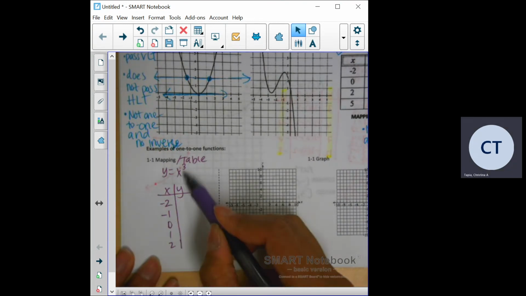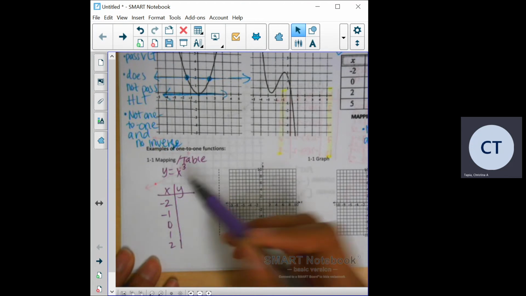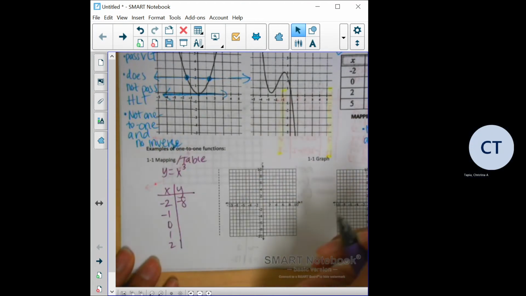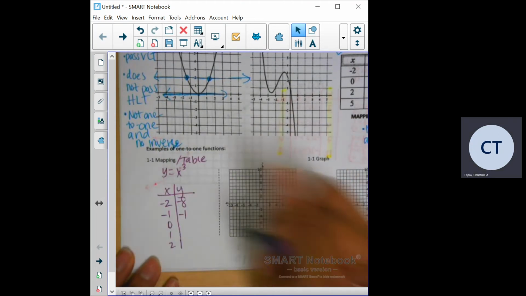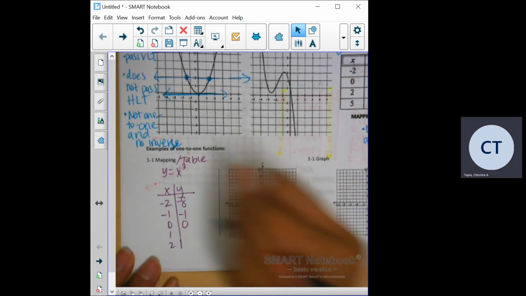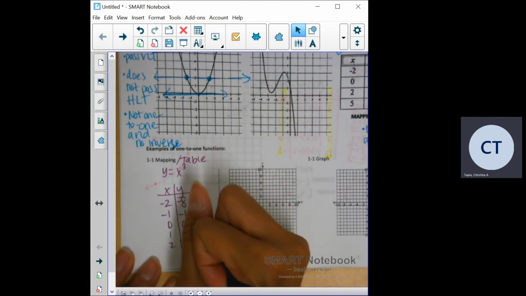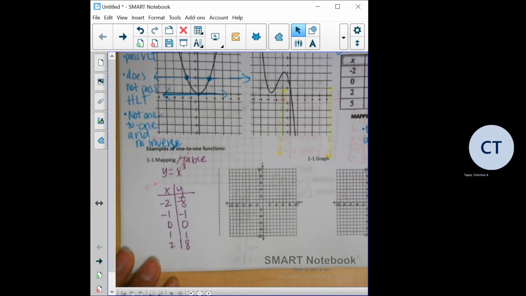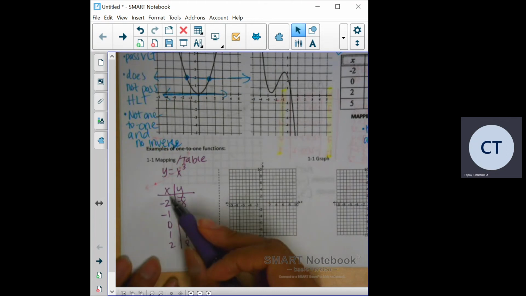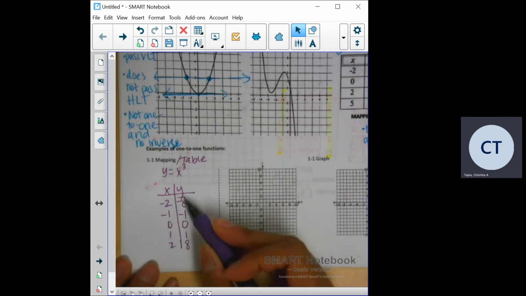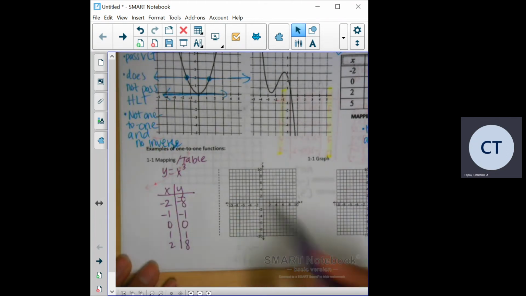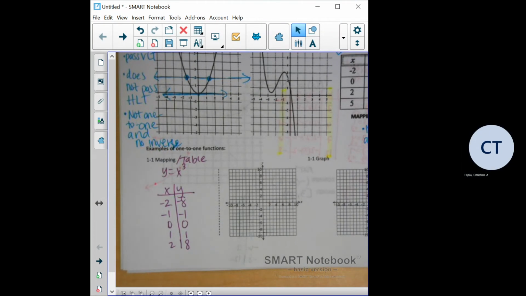If you plug in -2 into this equation and cube it, you're going to get -8. -1 cubed is -1. 0 cubed is 0. 1 cubed is 1, and 2 cubed is +8. Notice that none of the x's are going to repeat, none of the y's are going to repeat. This is an example of a one-to-one function.